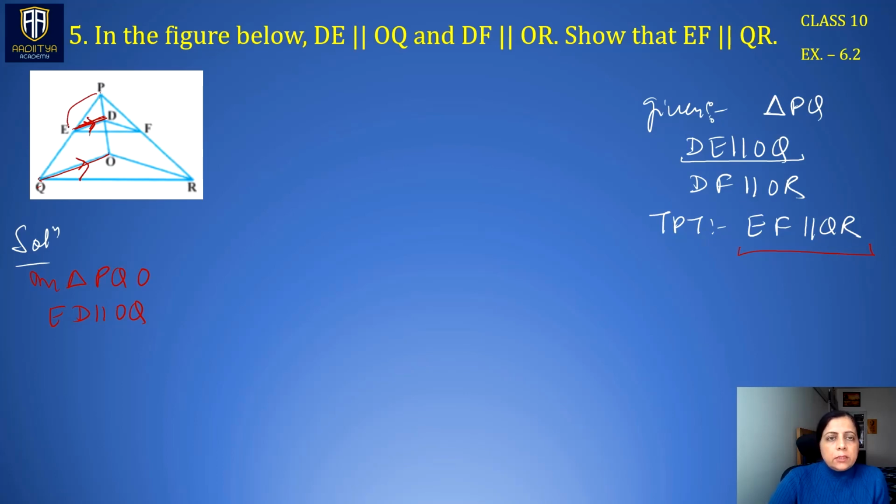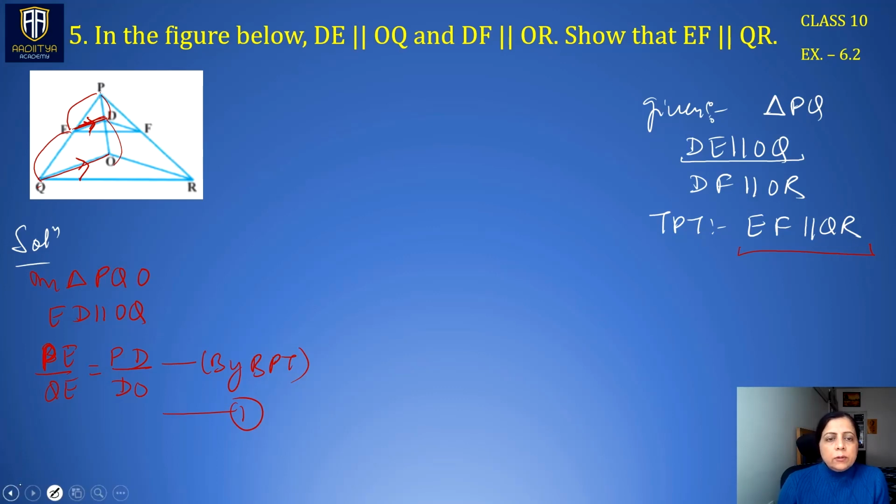So I am writing the ratio PE upon QE and PD upon DO. So we have PE over QE equal to PD upon DO by BPT. By basic proportionality theorem, let this be equation 1.